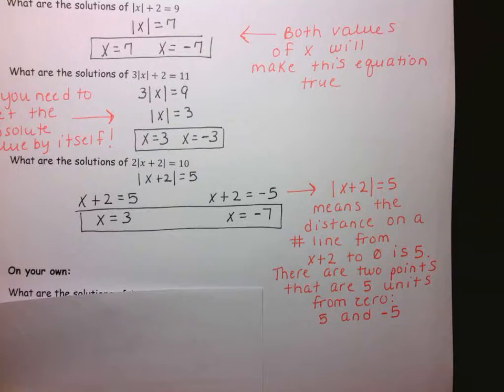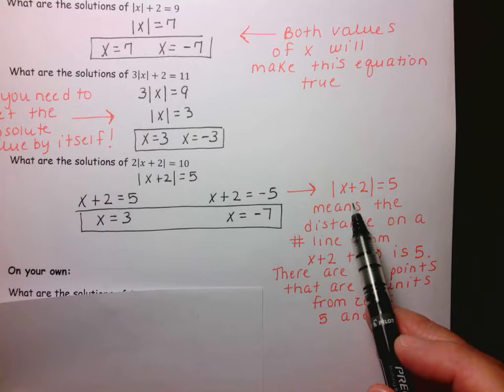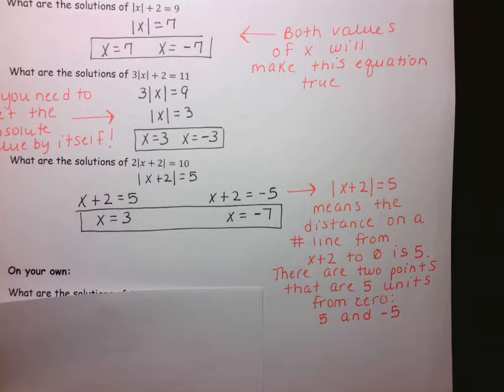Well, let's think about what the absolute value of x plus 2 equals 5 means. This means that the distance on a number line from x plus 2 to 0 is 5. Because think about what absolute value means. Absolute value is how far a number is from 0 on a number line.